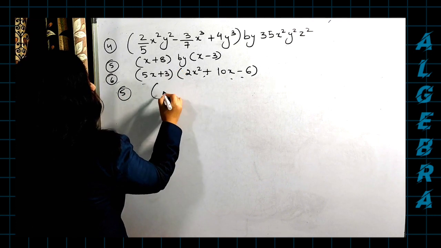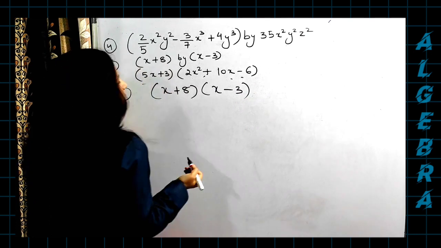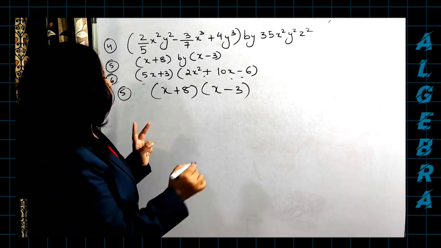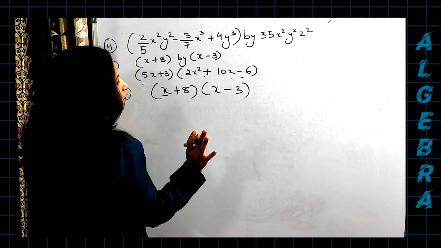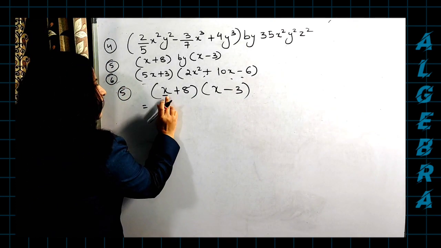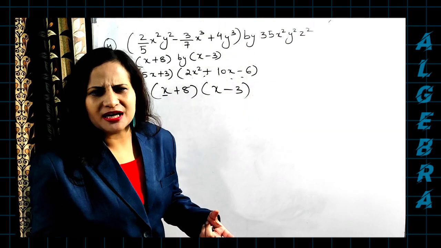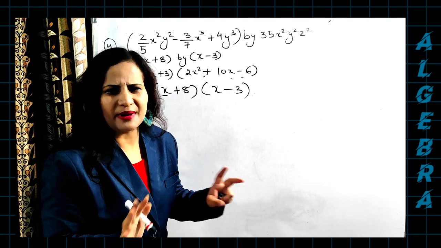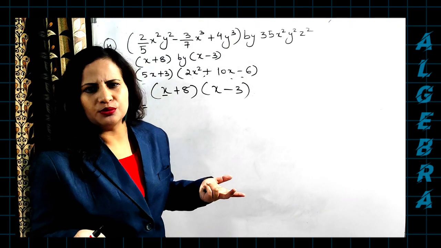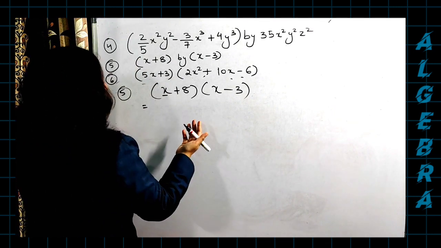So x plus 8 is multiplied to x minus 3. This way I have written. So what is the method of solving it? Here we have two terms, so the technique is, just follow me everyone. Write the first term. You can put any one first because you know the commutative property of multiplication, order doesn't matter. You put x minus 3 first or you put x plus 8 first, that is up to you. I am just taking the sequence as the question is given.